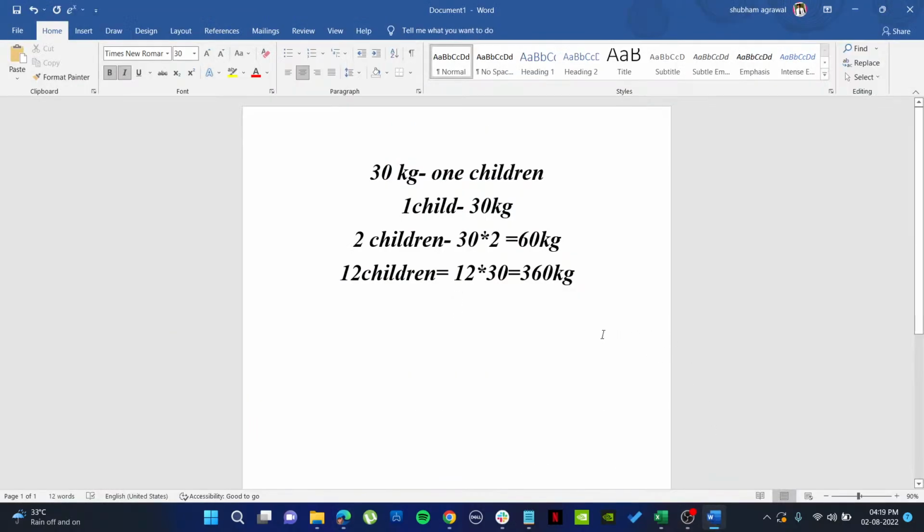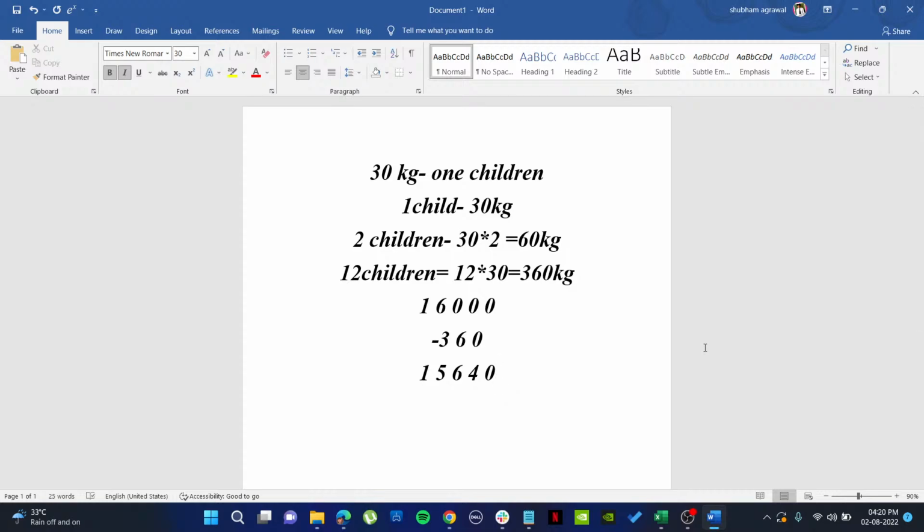Let's do it here first. 16,000 kilogram, we need to take away 360 from it. And if we perform this subtraction, we will get 15,640 as an answer.